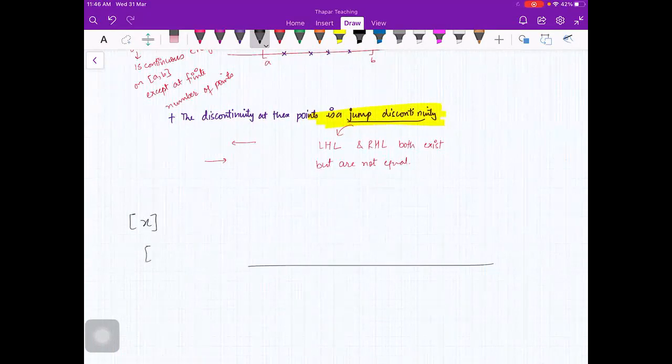On any interval, say 5 to 10 या फिर 0 to 10, 0 से लेके 1 तक इसकी वैल्यू क्या होती है? 0. फिर 1 से लेके 2 तक इसकी वैल्यू 1. 2 से लेके 3 तक 2. And so on, right?